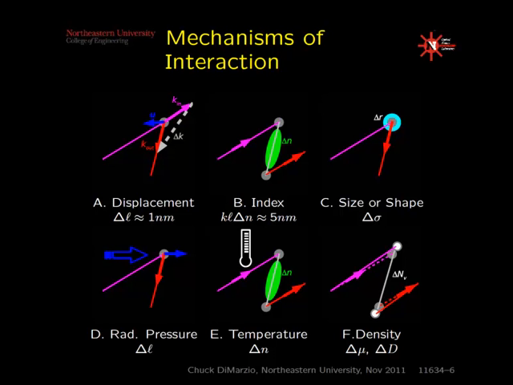Again, we could have a change in the index caused by a change in temperature. Ultrasound heats the tissue, and there'll be a change in temperature. Again, not at the ultrasound frequency. This will be just an overall change in temperature. And finally, this is the mechanism that I thought was important when I first heard about this effect.